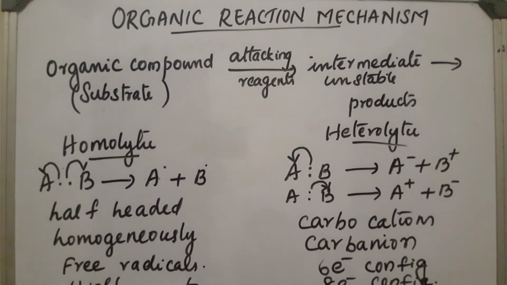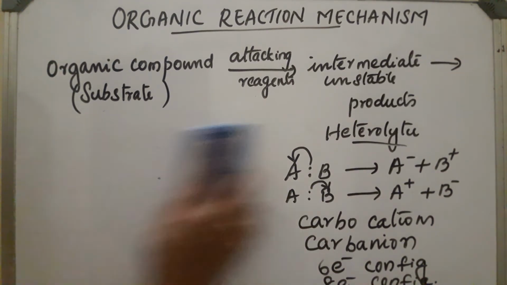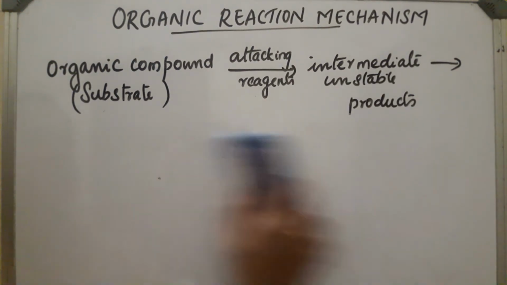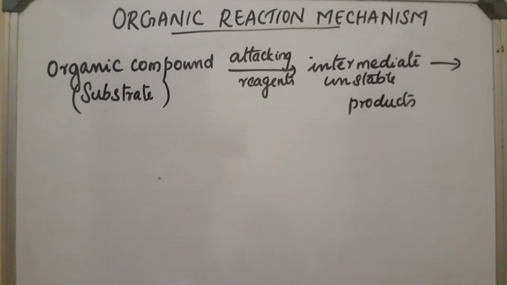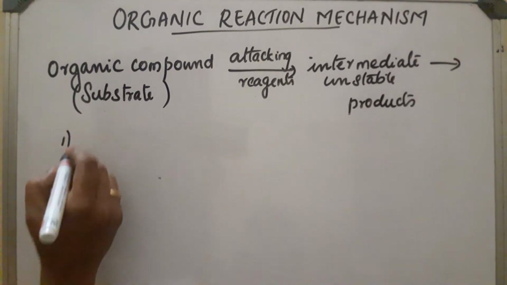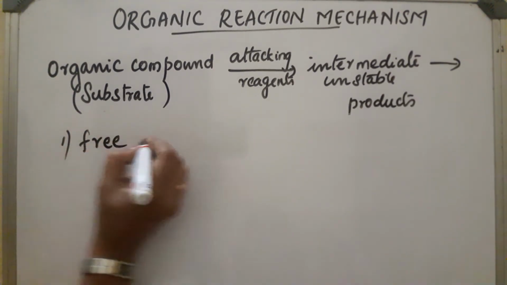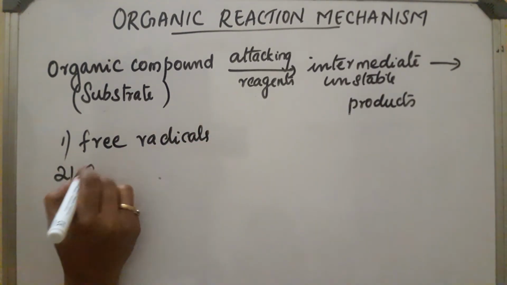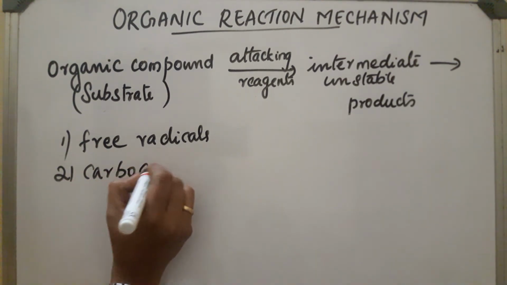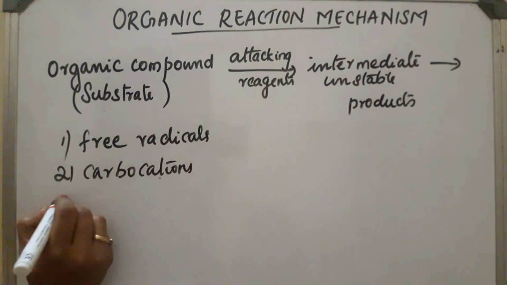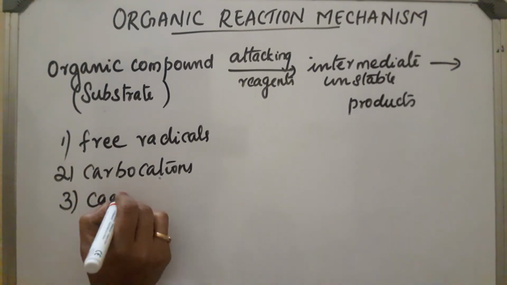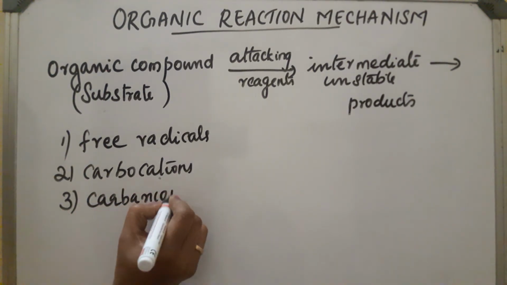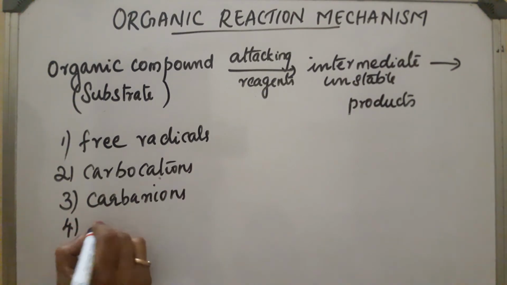There are lots of other intermediates also obtained in these reactions. Let us see one by one the intermediates obtained in the organic reaction mechanism. Some other intermediates obtained are, as we studied, free radicals, then carbocations, carbanions, then another one is carbenes.